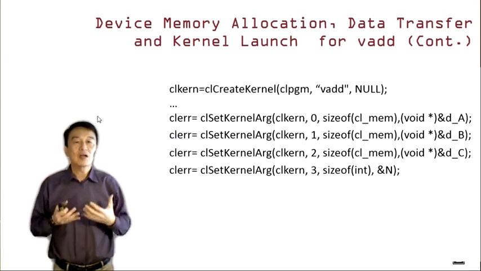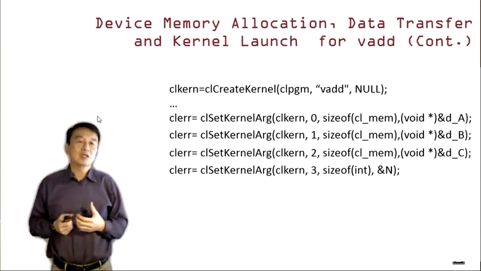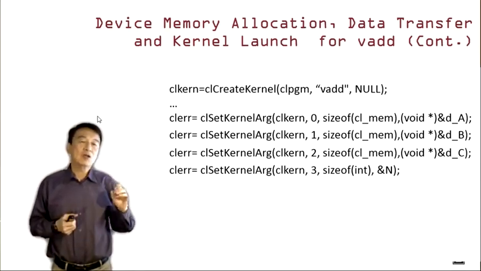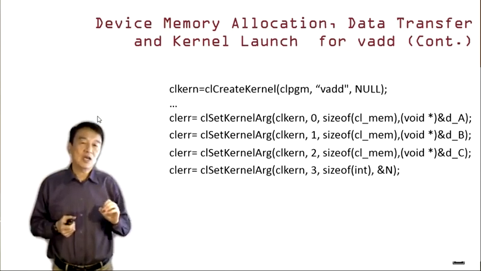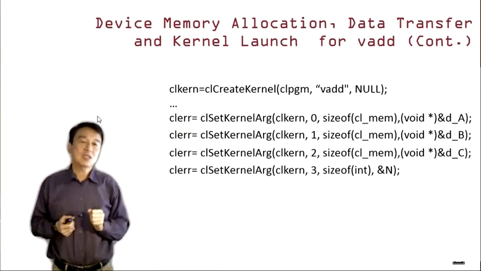In OpenCL, launching the kernel is much more complex than CUDA. If we want to pass any parameters into the kernel, we need to actually use API functions to prepare these parameters. Here there's an API function called clSetKernelArg.